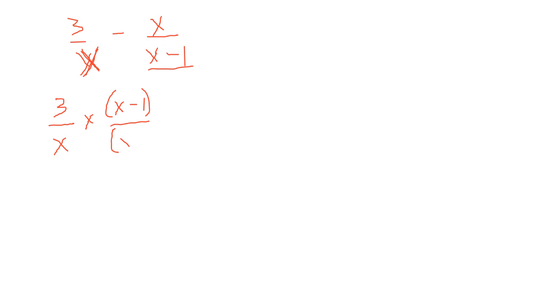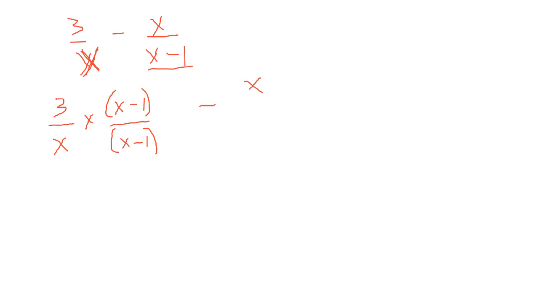So let me go to the whiteboard. I think the whiteboard would help. 3 over x minus x over x minus 1. Here we could do 3 over x times x minus 1 over x minus 1, which is 1, right?